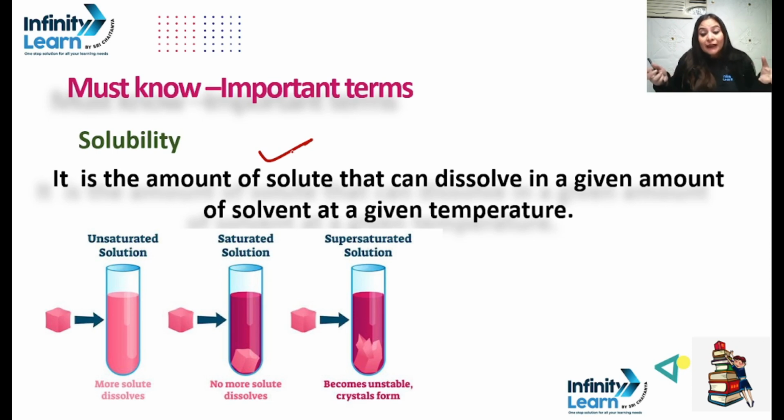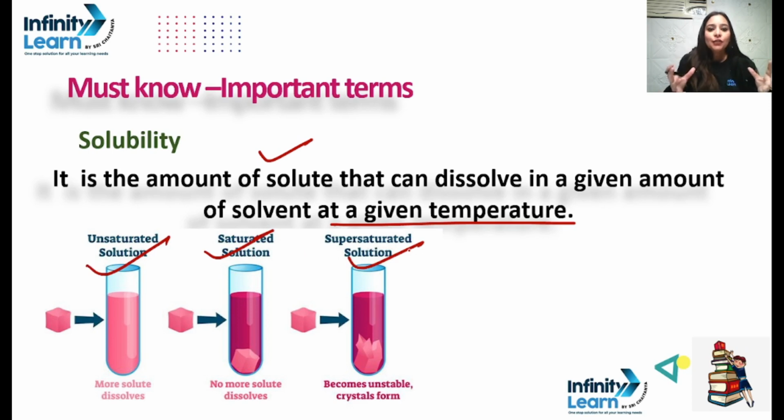But if you heat the solution which is not dissolving more salt, then it will dissolve more salt. But solubility refers to the amount of solute which gets dissolved in a given amount of solvent at a given temperature. That means we are not changing the temperature. On the basis of solubility, we have 3 kinds of solutions: saturated, unsaturated and supersaturated.